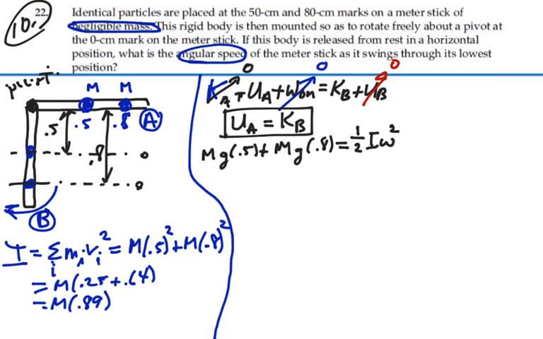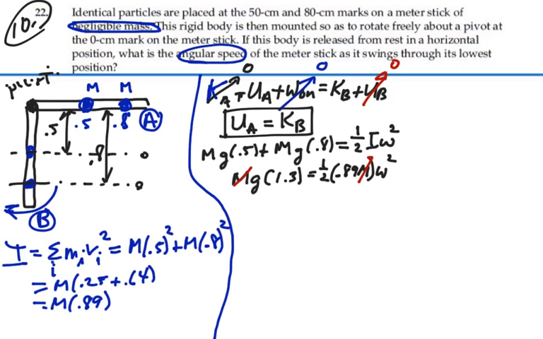Alright, so we have mg times 1.3 is equal to 1/2. The moment of inertia we found to be 0.89 m, and this is times omega squared. Well, the m's cancel out. So yes, they didn't give us m, but it cancels out at this moment.